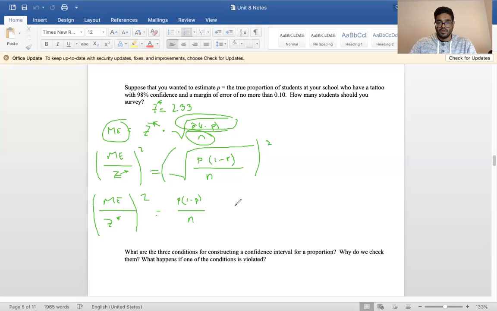So then you have n times ME over z critical, squared, is equal to p times 1 minus p. Now we have to divide by this whole term in the front, ME over z critical, squared. These cancel, divide both sides, and you just solve for n.